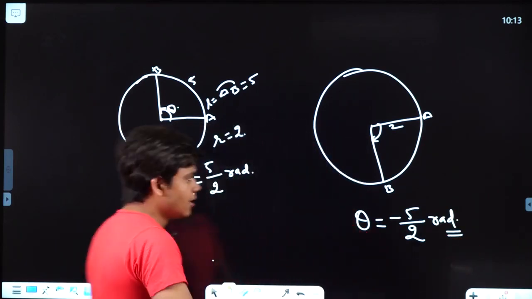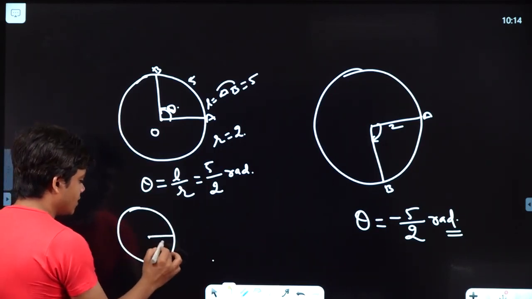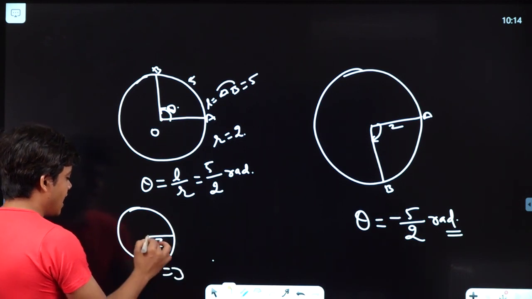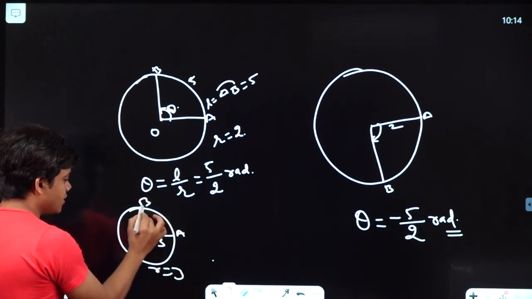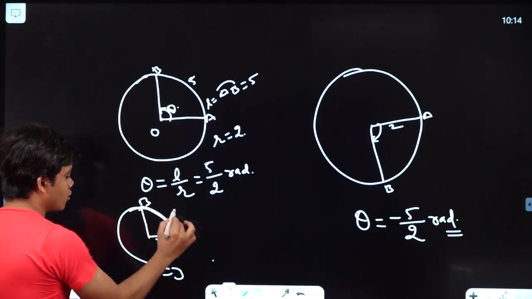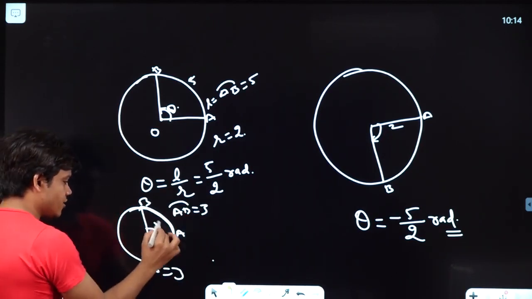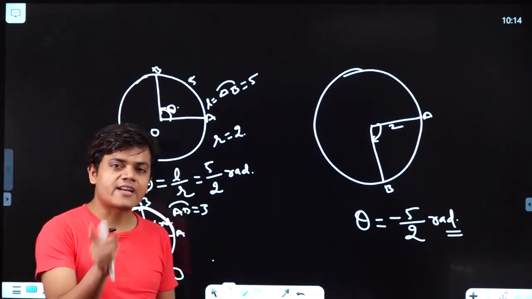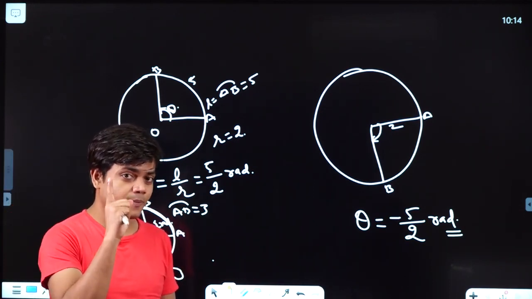All right. So if I take a circle with radius 3, and arc length, think A to B, this arc length is also 3. Then what will be this angle? Certainly this will be 1 radian. So if radius and arc length are equal, then the angle will be 1 radian.